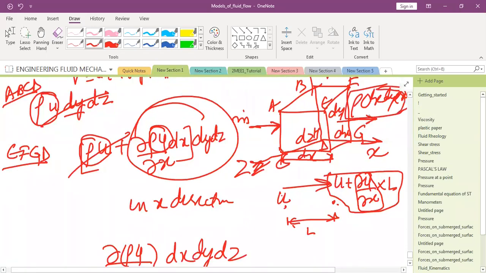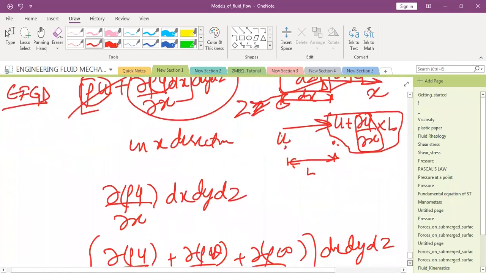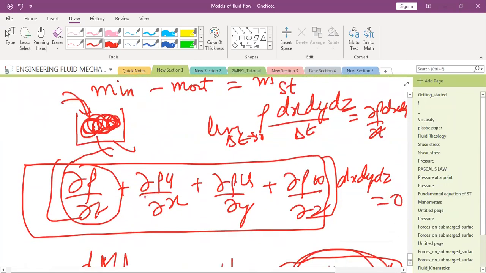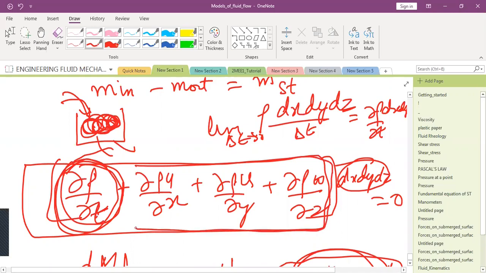So how much is this changing? It means I should divide by delta t, in the limit delta t tends to 0, so this becomes curly rho by curly t into dx dy dz. So adding the two terms, this is the rate at which the mass is increasing, because it is multiplied by dx dy dz also, although it has become common, and this term represents the rate of efflux from the differentially small control volume.